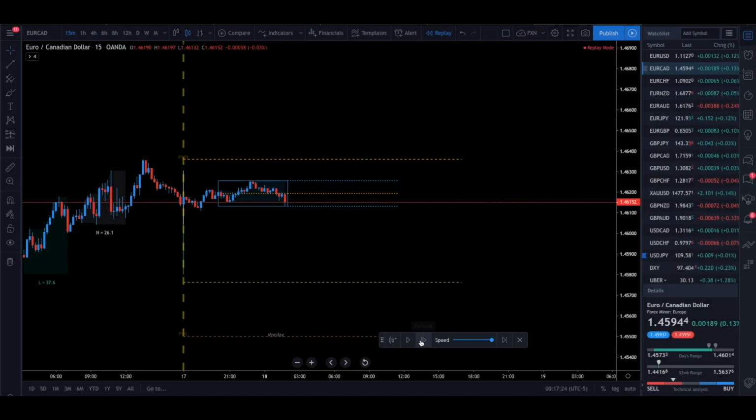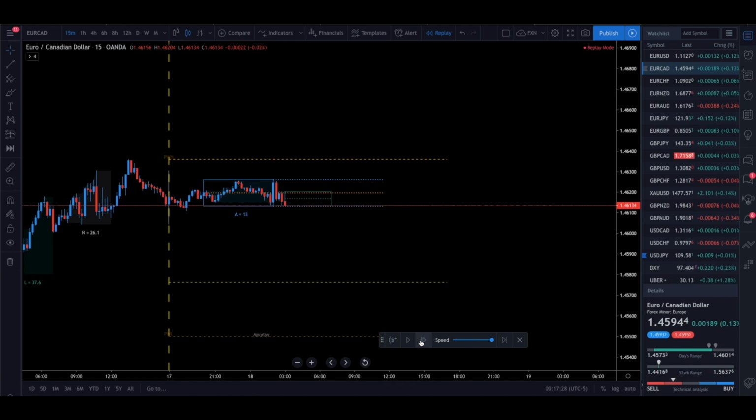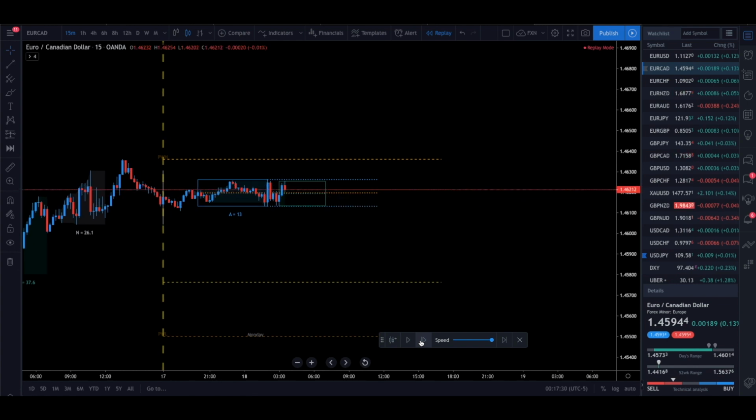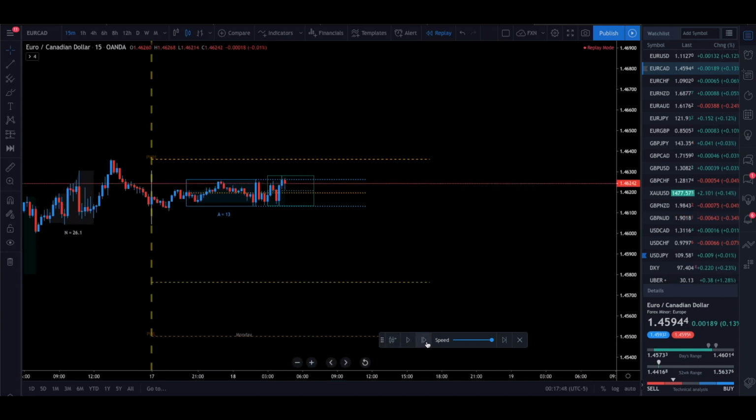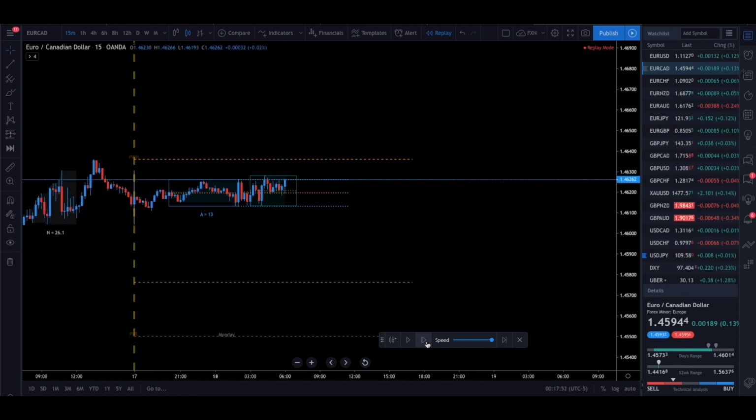All right, so here is another example, and as we play this out, you'll see the number one common theme, guys, that you're going to see a lot in some of these is the Asian range being very small. And what I mean by that is the Asian range being smaller than 15 pips. Anytime that you see that kind of a range, ideally the pattern that you want to trade off of that range is a type 1.